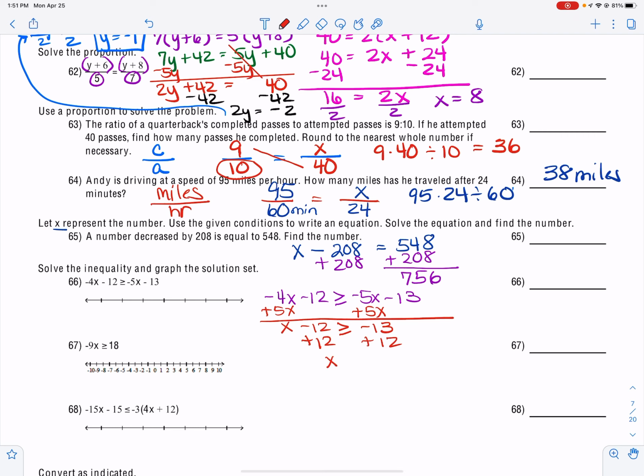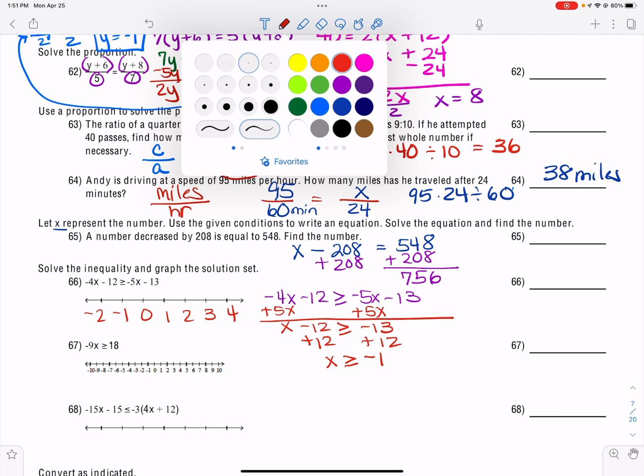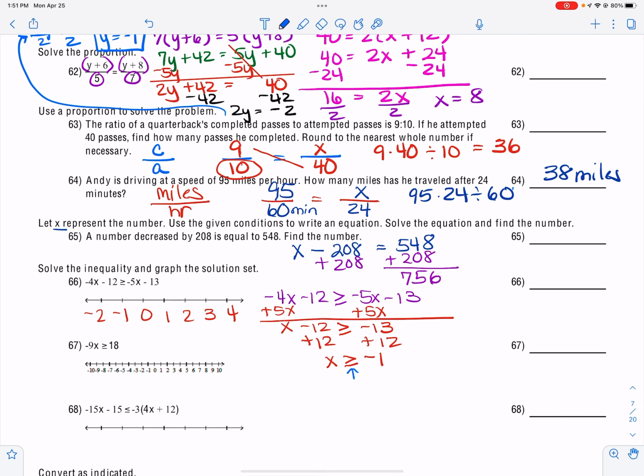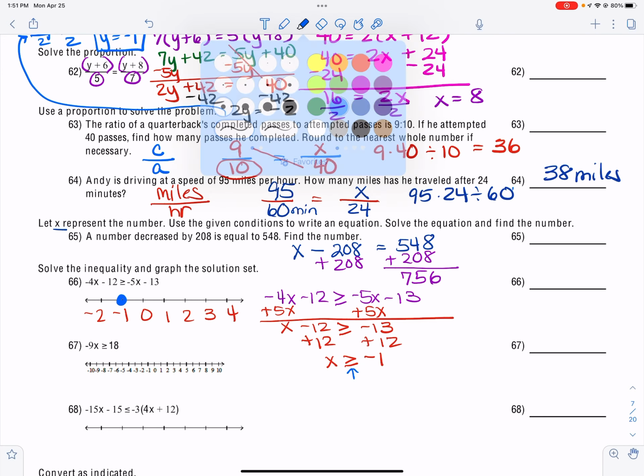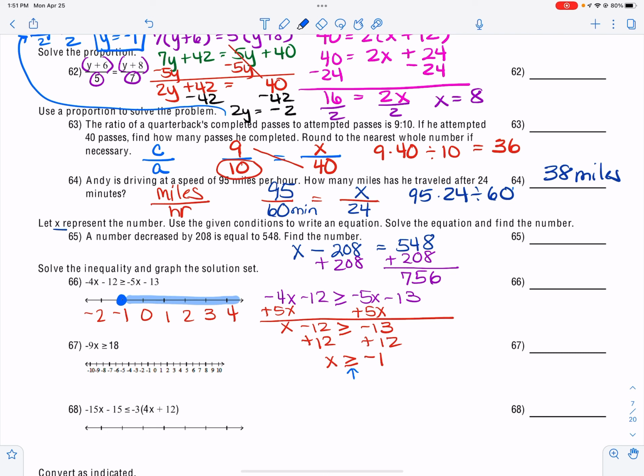And so x is greater than or equal to negative 1. And I'm just going to go ahead and label negative 2, negative 1, 0, 1, 2, 3, 4. This is a closed circle, so I'm going to put a closed circle on negative 1, and then we are pointing in the right direction, so I will shade in the right direction.